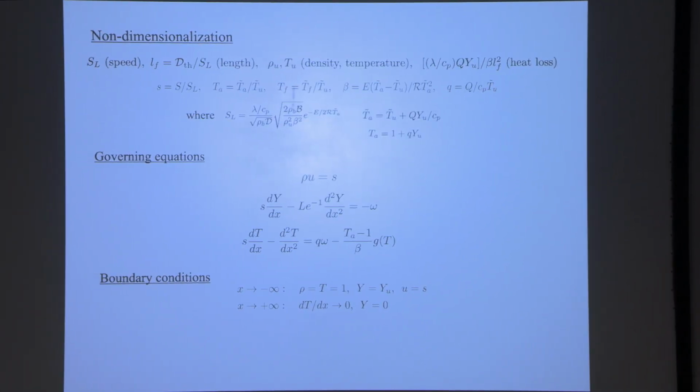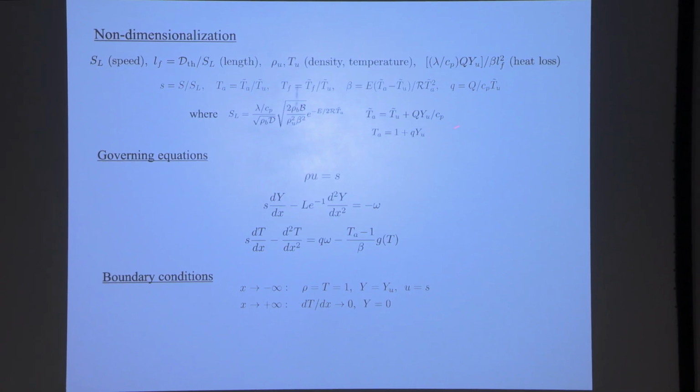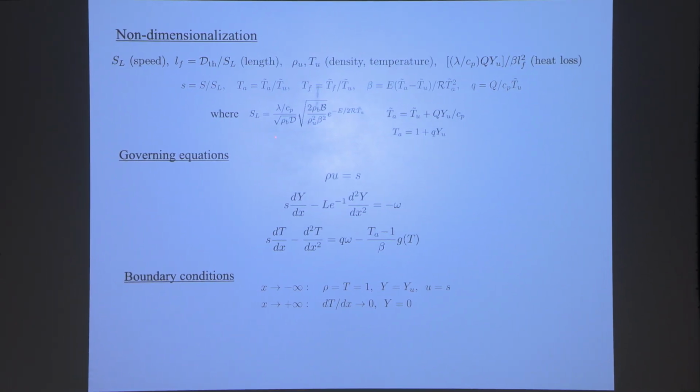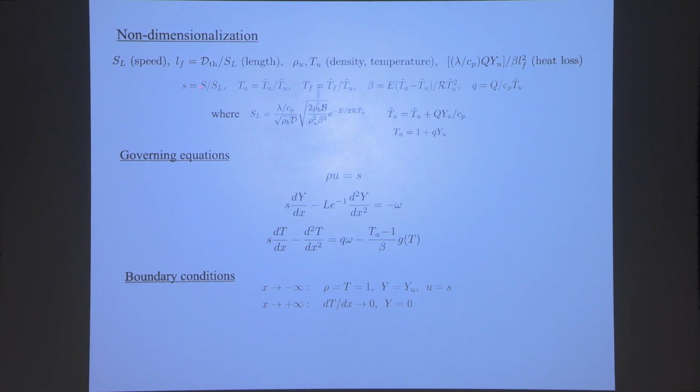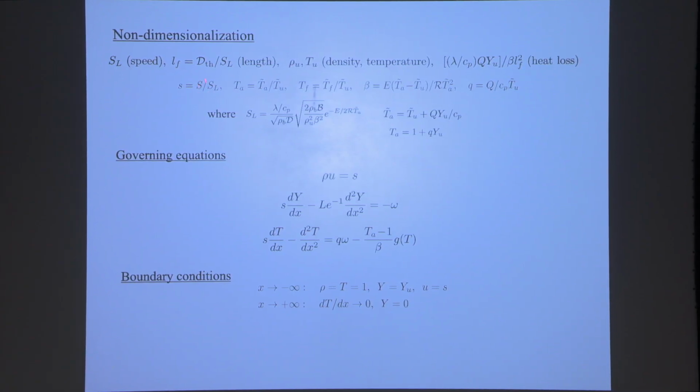So the equations need to be non-dimensionalized, and the details are written here. The idea is that you use the laminar flame speed to non-dimensionalize the speed s. So the little s here is the scaled flame speed, which clearly is going to be less than 1.